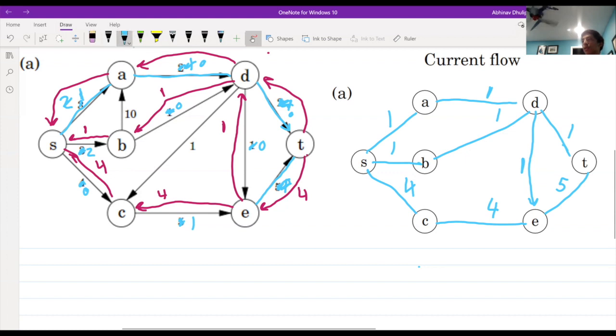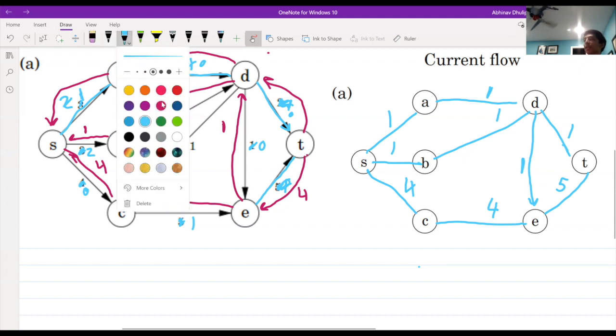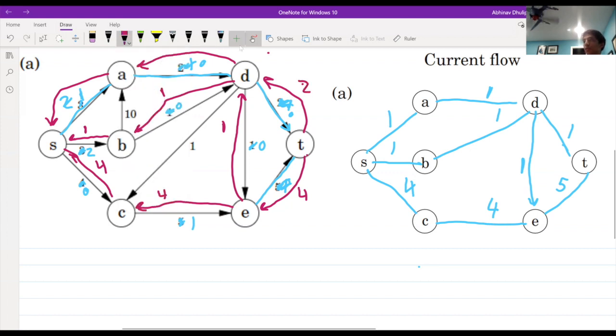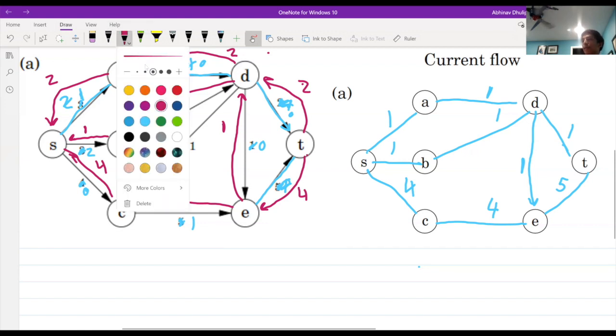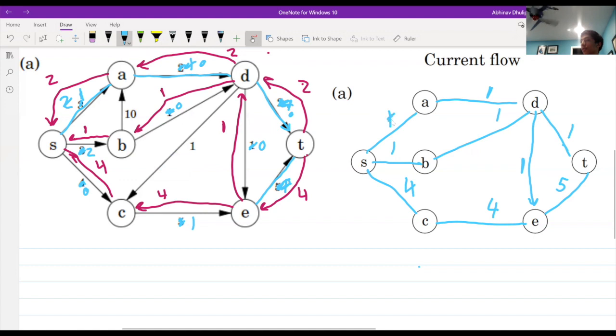Now those are all going to be 2s because we're adding 1 unit of flow back edge. 2, 2, 2. Okay. And then let's update, obviously, our graph as well. So this is going to be 2 now. This is going to be 2. And this is going to be 2.